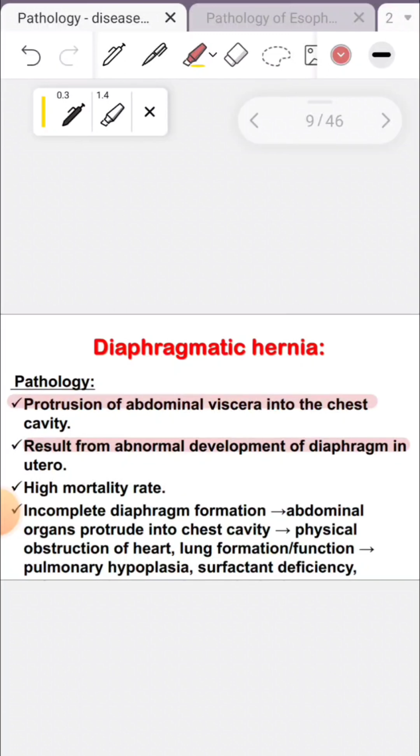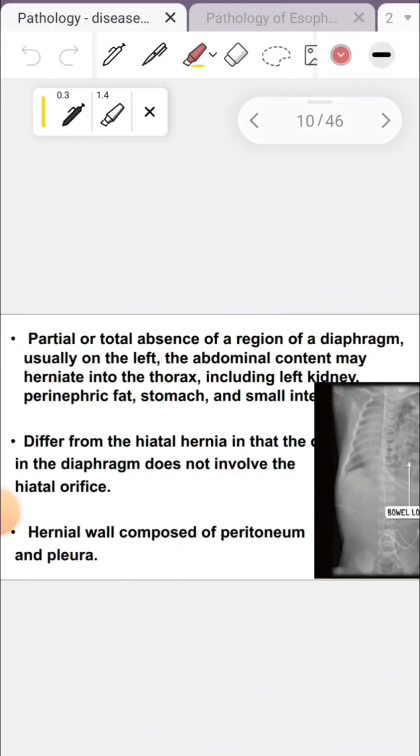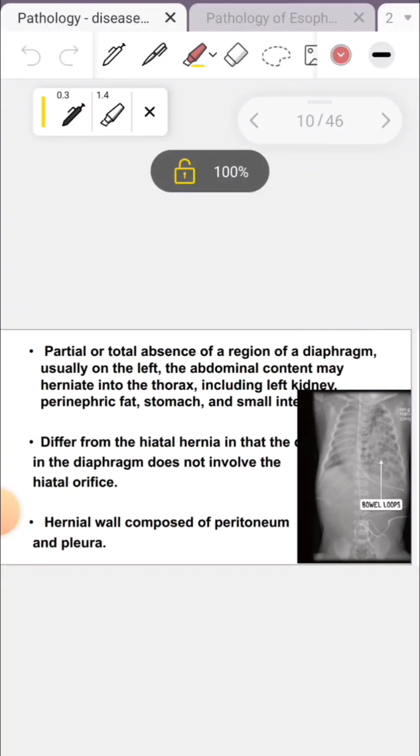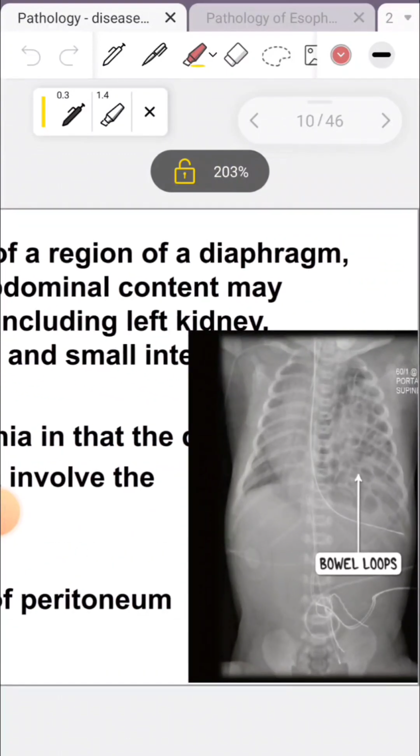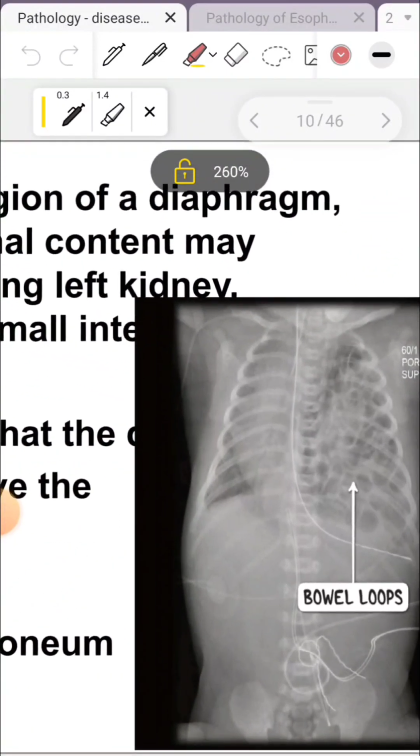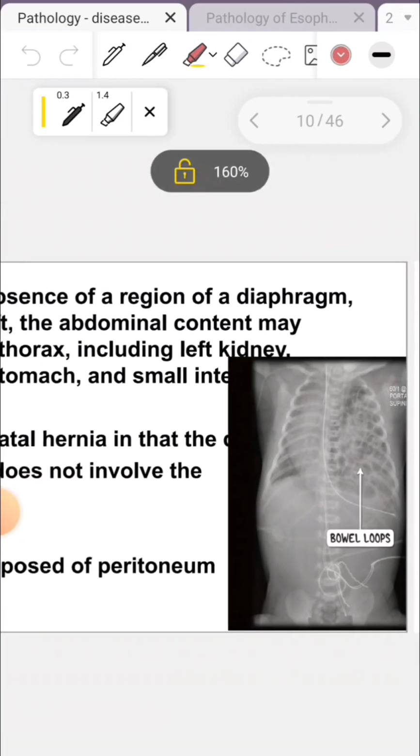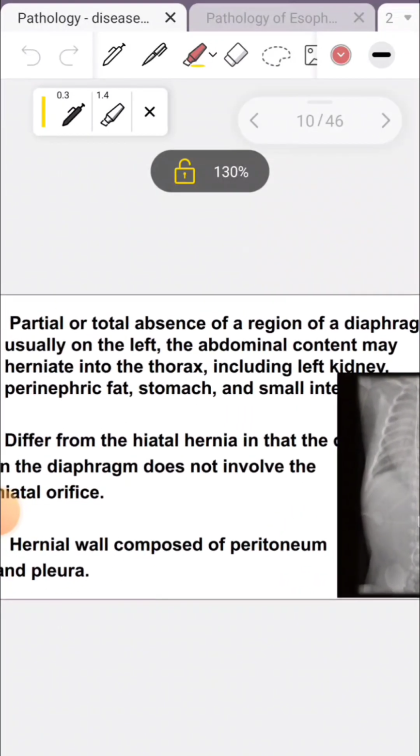Okay, pulmonary hypoplasia. You can identify here, in this X-ray, what do you see? The bowel loops are protruded. Look, these are gas-filled bowel loops protruded into the chest. The herniation can be partial or complete, mainly on the left side.